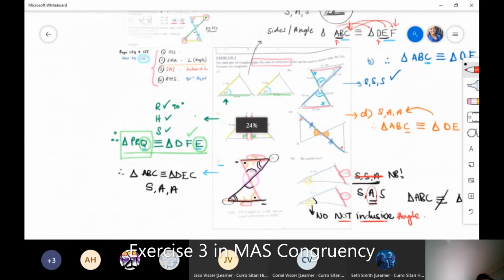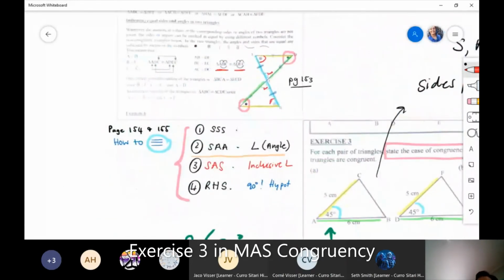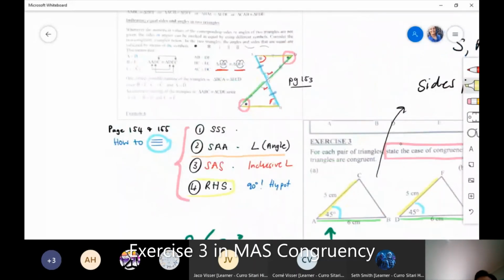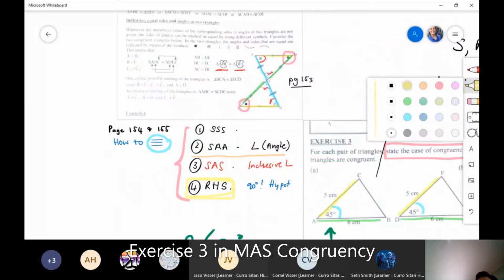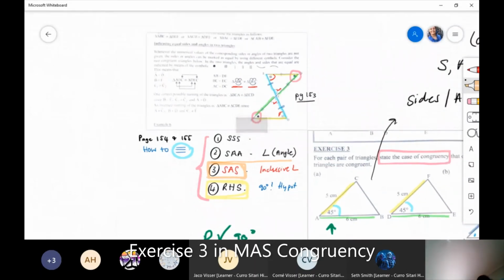The most important scenarios that we have mix-ups with are RHS, right angle hypotenuse side, and the other one is side angle side. So just work very carefully that you don't get confused with those two.